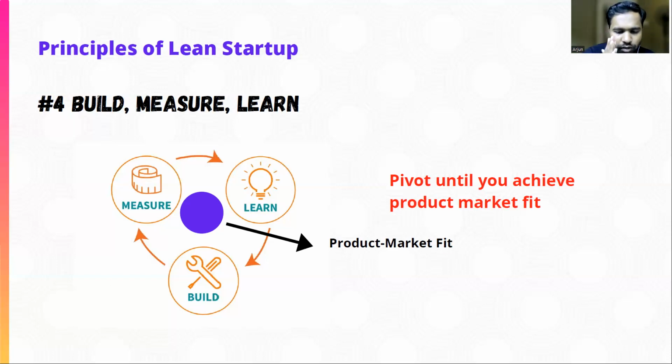But once you achieve product market fit, it does not mean you can last indefinitely with this product, because that's where we have a concept called product life cycle. Every product reaches a peak, stabilizes there, and then slowly drops.